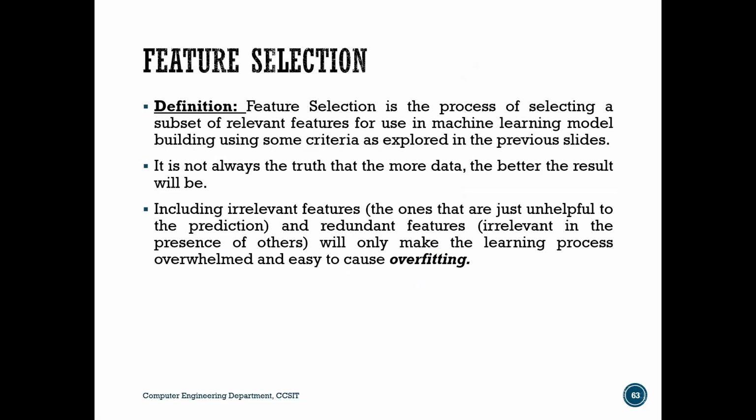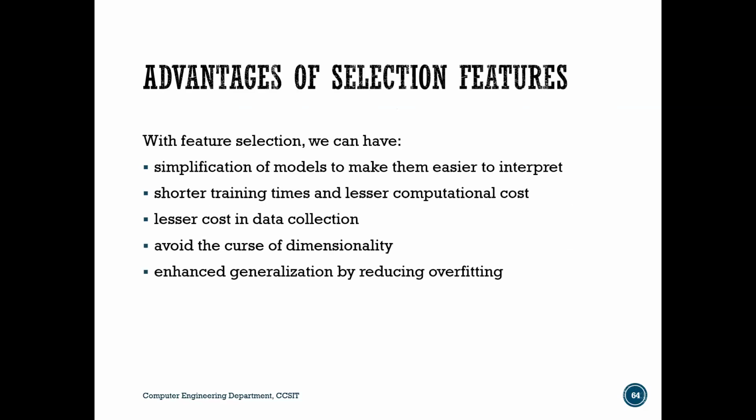If we want to select the important features and delete some features, based on the score we can decide that this is good and this is bad, as we have seen before also. The benefits are simplification of models to make them easier to interpret, shorter training time, lesser cost in data collection, and avoiding the curse of dimensionality, meaning you don't have extra features which are not required.